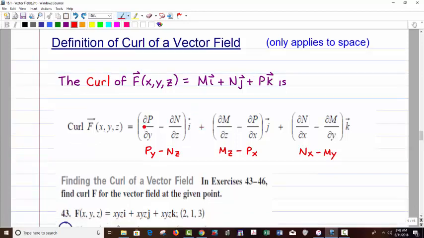There it is written in partial derivative notation, but I just shorthanded it here, the other acceptable way to write it. If I would have shown it formally, it's like a cross product, basically. But I didn't write that out, and that's okay, because you don't really need to. You just need this. So it's Py minus Nz, and the middle term will be Mz minus Px, and then you'll have Nx minus My.